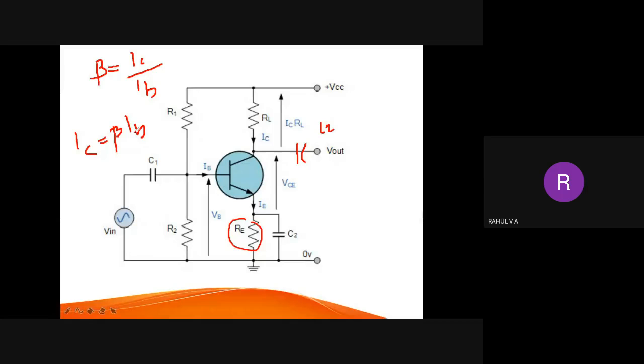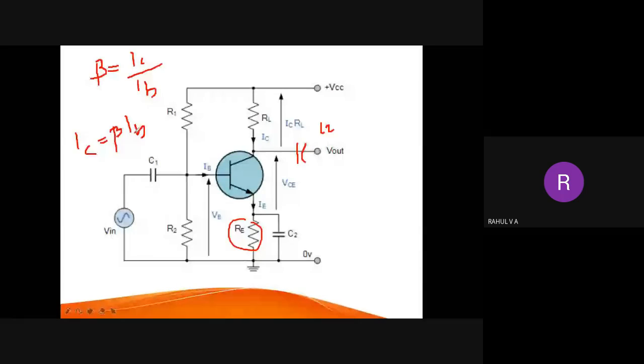Is it possible for you to write why we have used C1, C2, CE, R1, R2, RL, RE, etc.? Yes, that is possible. That much is enough. Then you write the theory: in the common emitter configuration, the current gain beta is equal to IC by IB.